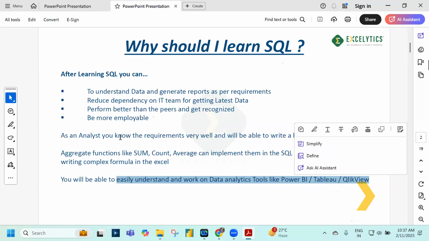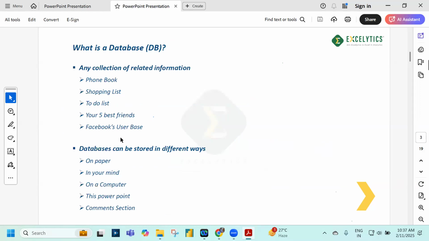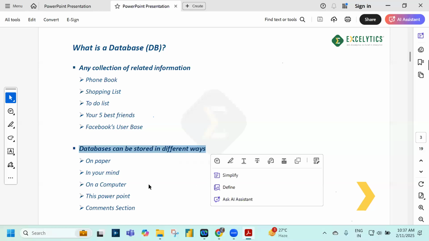Got the point? Right. What is a database? Any collection of related information, you can consider that as a database. Anything. Like a phone book or a shopping list or a to-do list. The database can be stored in different places. Your mind is your database, a very dangerous database, right?